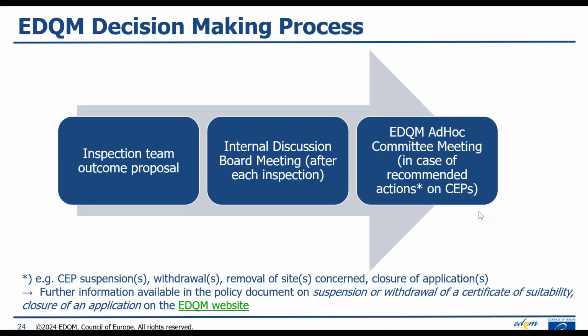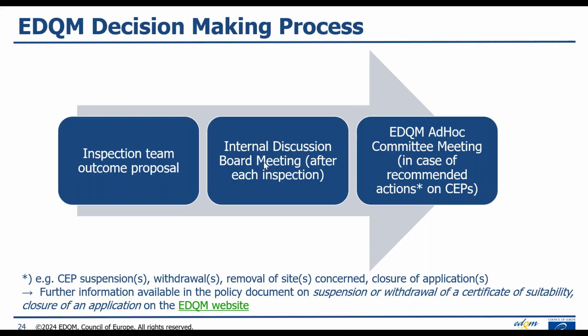So then, just to go through the internal decision-making process we have here in EDQM to confirm inspection outcomes after each inspection. The inspection team would make a proposal for the outcome. So I guess this would either be compliant, borderline, or non-compliant.